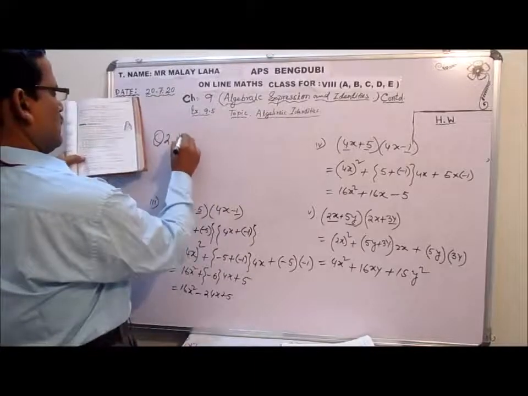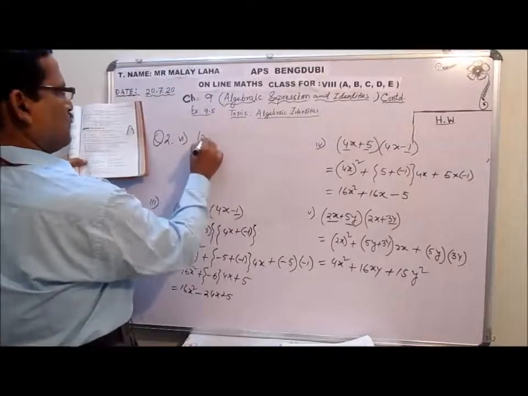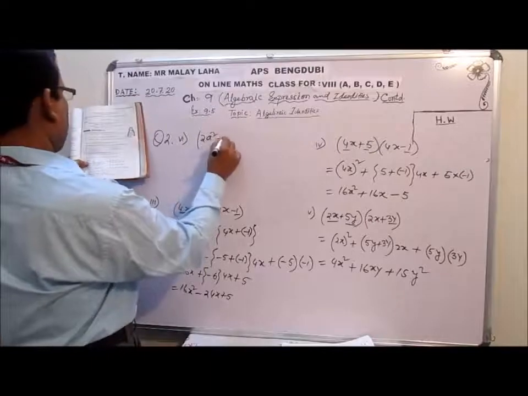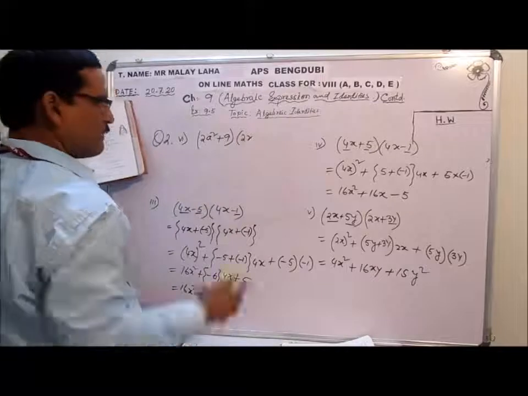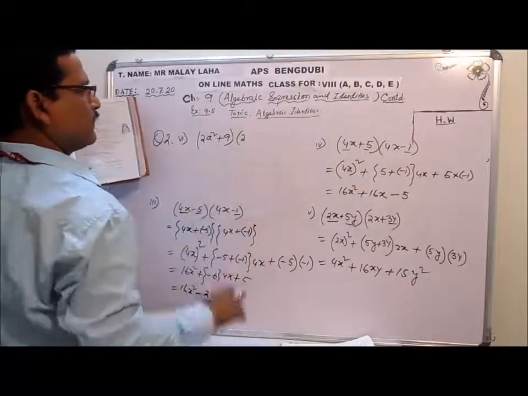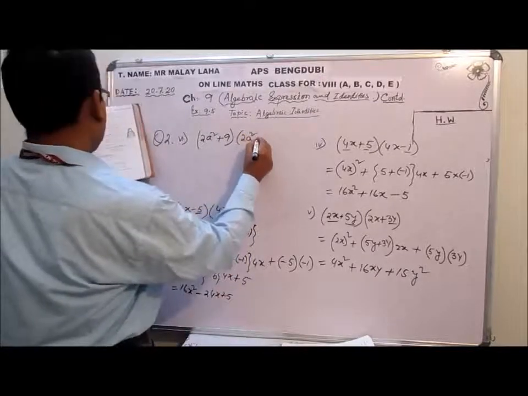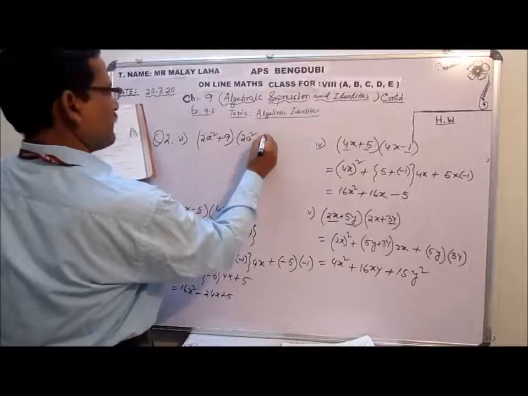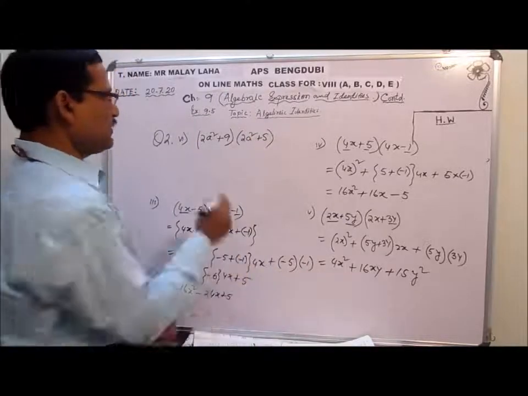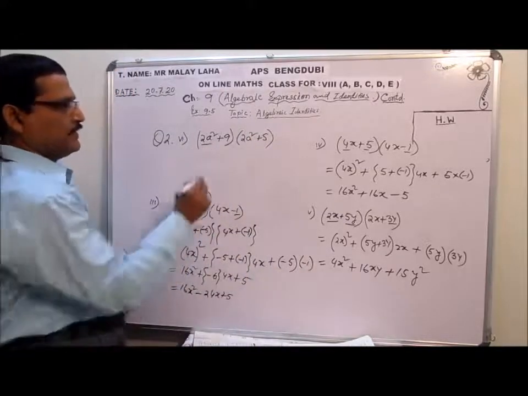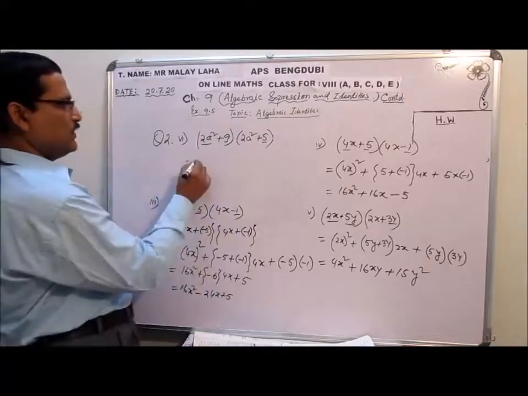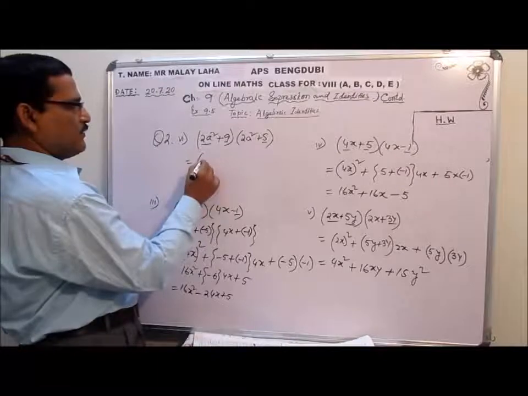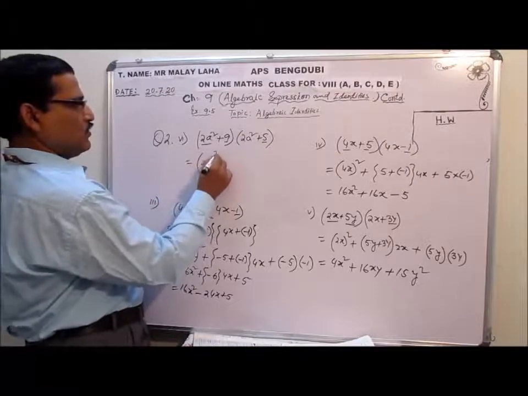Here it is a little bit different. 2x square plus 9, 2a square plus 5. So what about the first term? Treat it as x, this is a and this is b. So the same formula, x square means 2a square whole square.